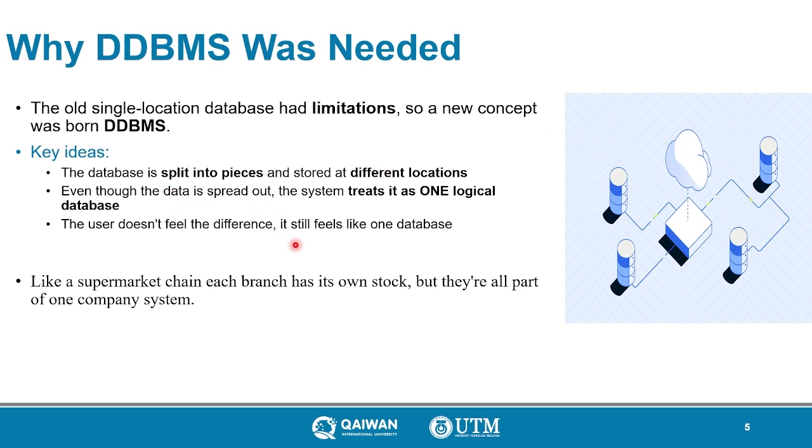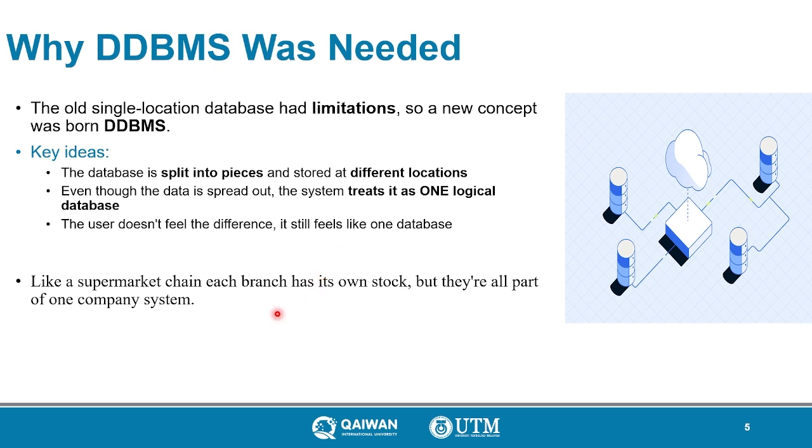Even though the data is spread out, the system treats it as one logical database. Data is spread out, but still they will all go to one place, and everything would be in here. One of the important topics is the user doesn't feel the difference. It still feels like one database.